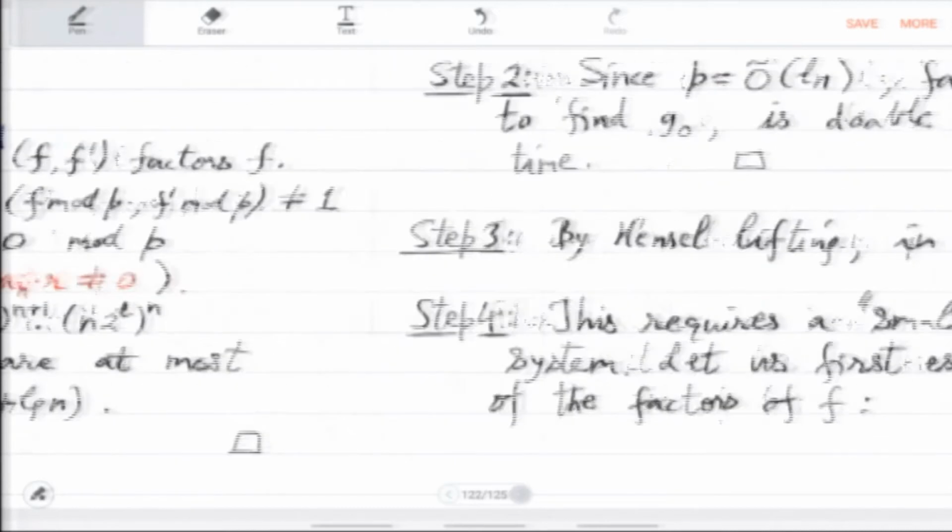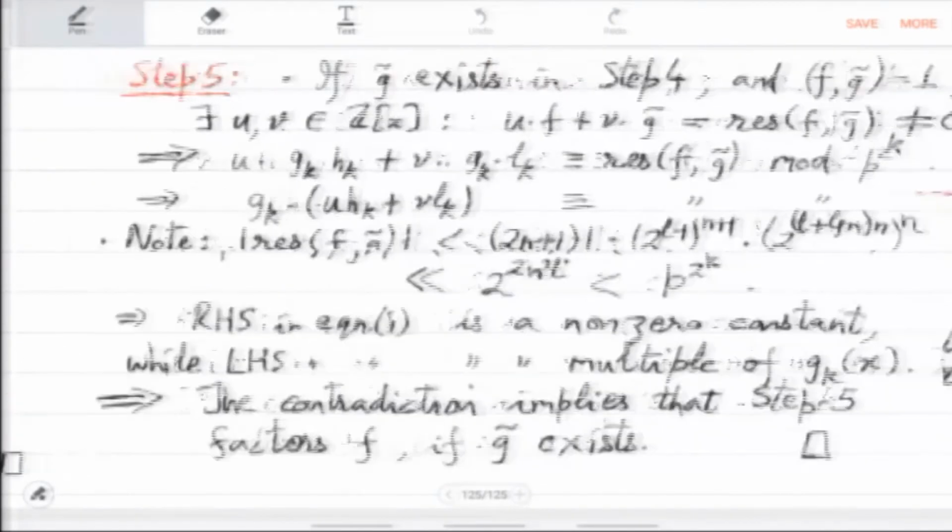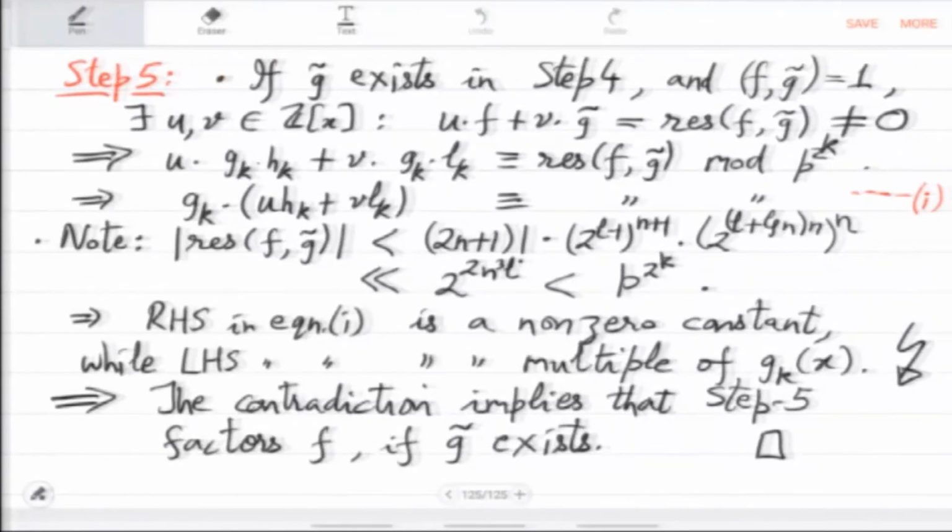So now let us focus on this missing part, which is step 4. The algorithm hidden in step 4, right? How do you actually compute step 4?